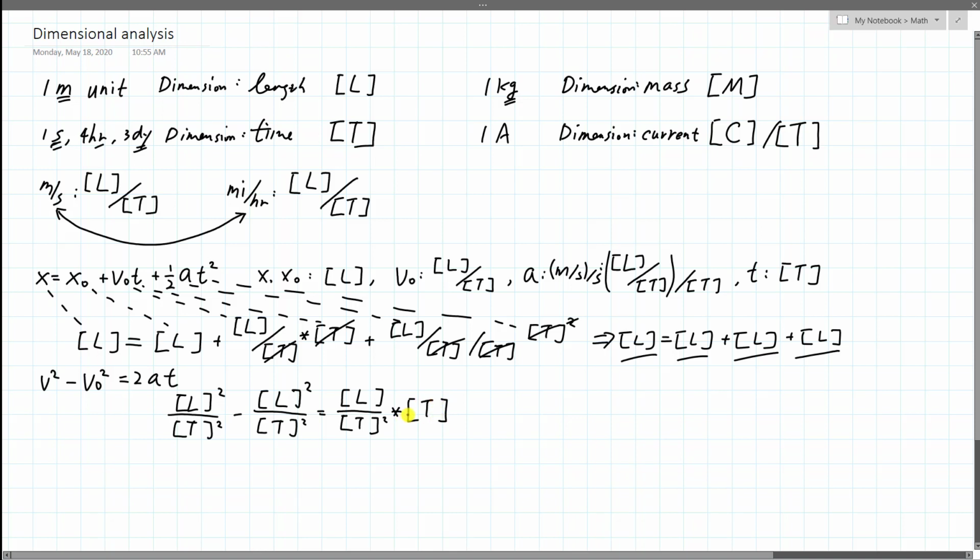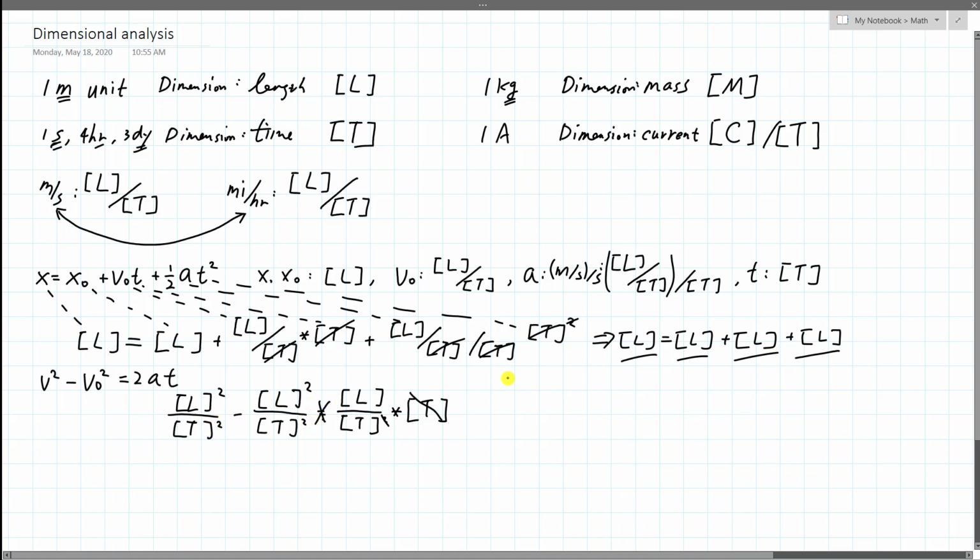So it doesn't look exactly the same as the left side. If you divide out this time with the 1 over time, you have length over time, and the left side of the equation has both terms, length over time squared, whole thing squared, right? So this is an incorrect equation.